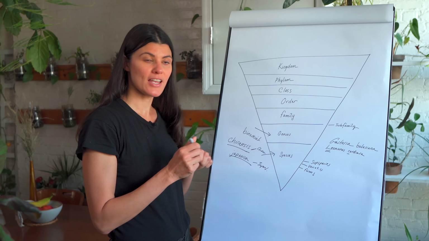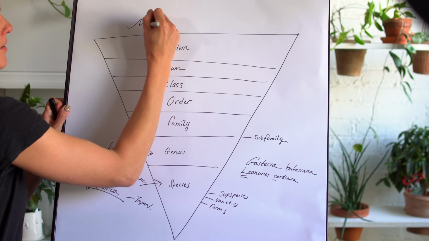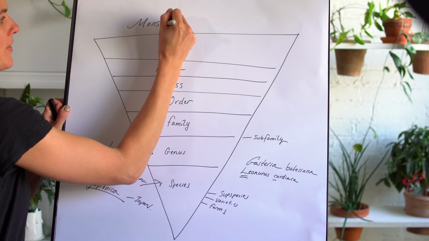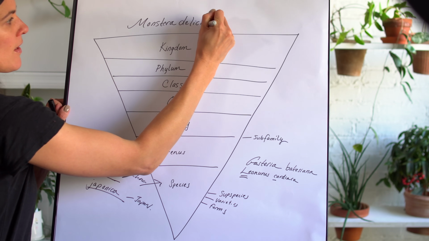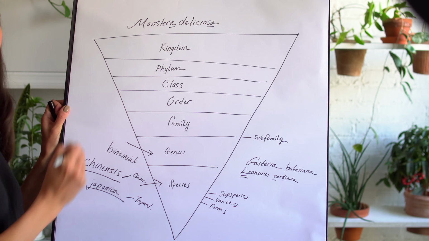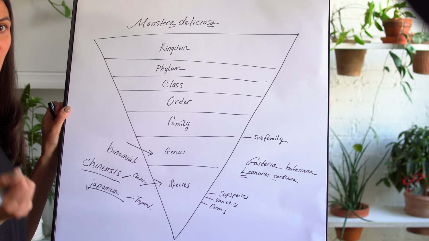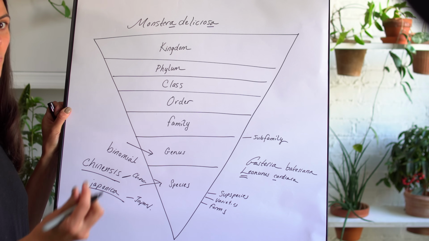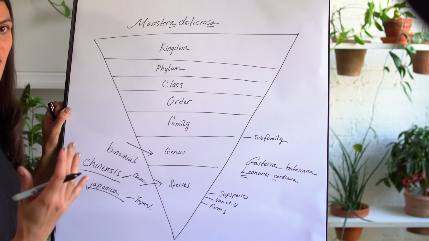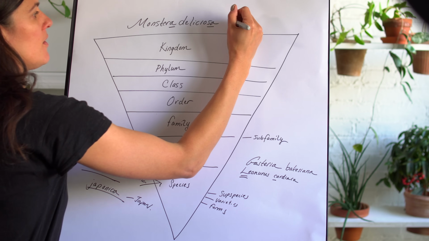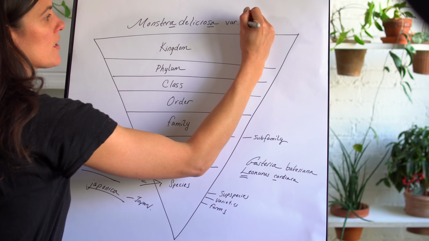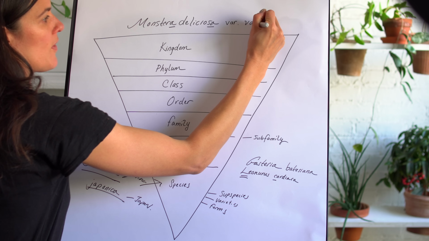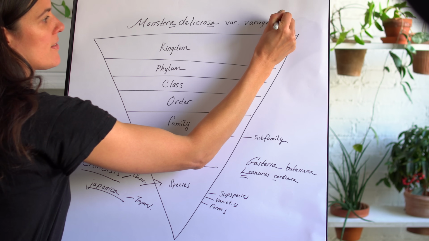But a great example would be Monstera, one that we all know, deliciosa, right? It ends in an A and has an A. And if there was a variegated variety that was found in the wild, which was the environment selecting for it, it would need to be Monstera deliciosa var., or variation, variegata.